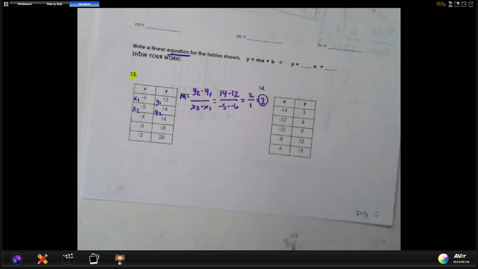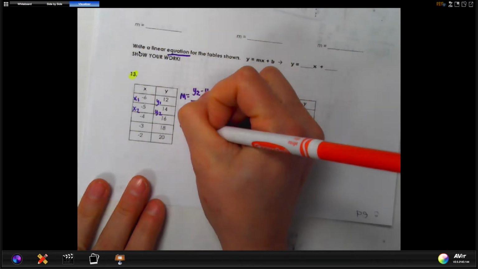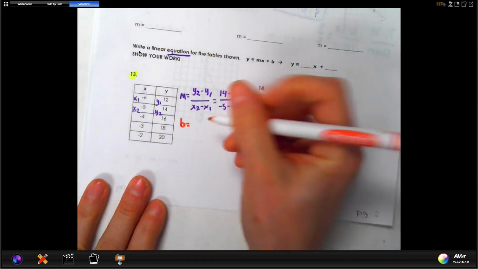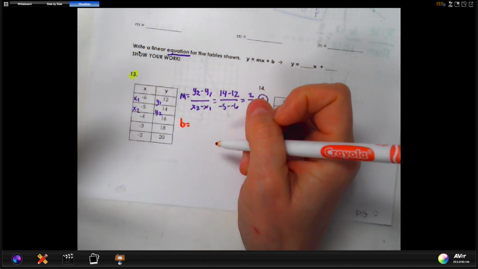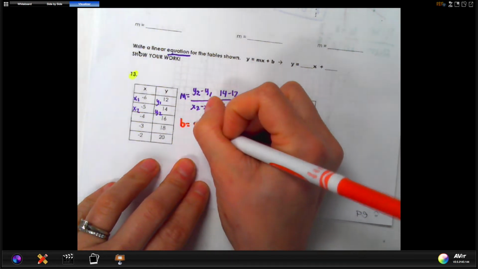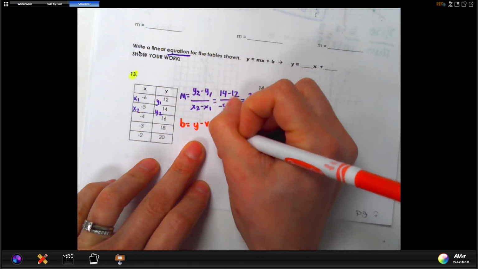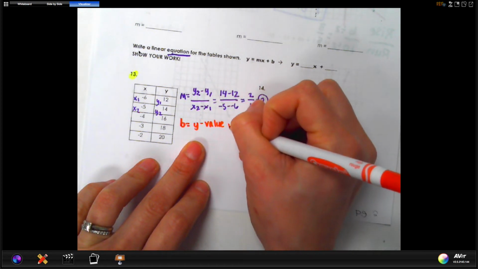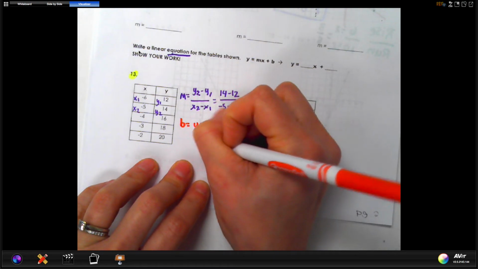2 is not our final answer because we also need, in this case, our b value or our y-intercept. So the b value, let's not forget, on a table, the b value is with the y value when x equals 0.